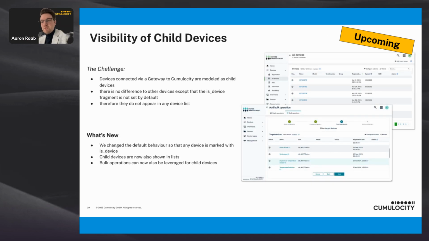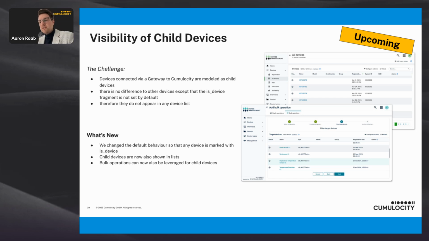The next one is the visibility of child devices. Devices that are not directly connected to Cumulocity, but via a gateway, are modeled as so-called child devices. Other than that, they are just modeled as devices, with the small difference that they haven't had the is device fragment attached to them to differentiate between child devices and regular devices.